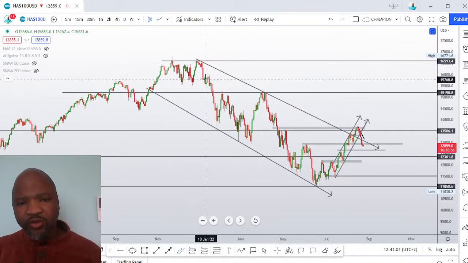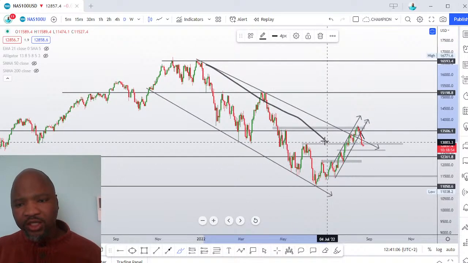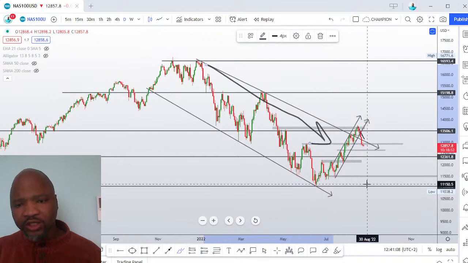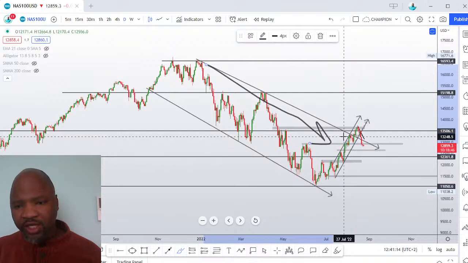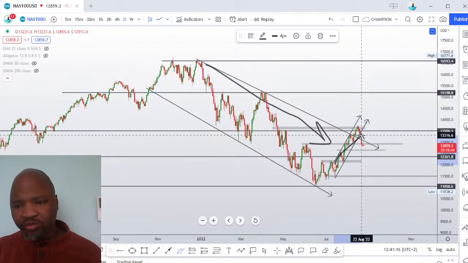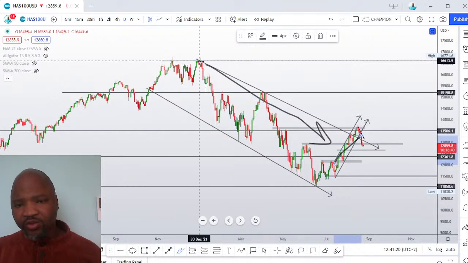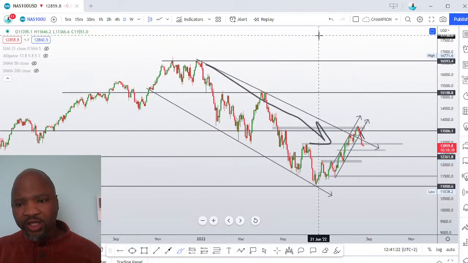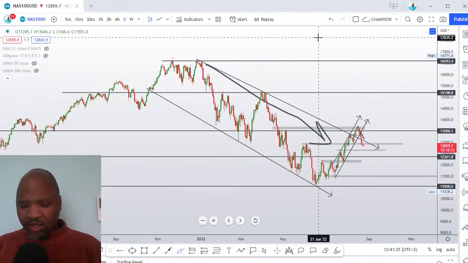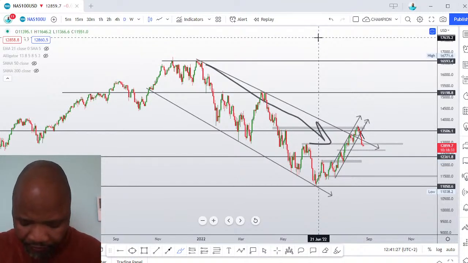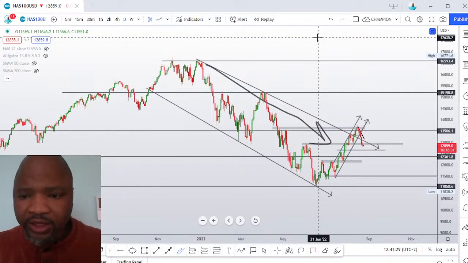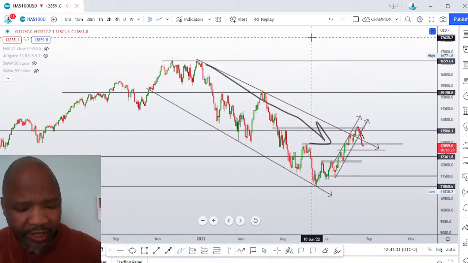So, ladies and gentlemen, you can see that we've been having a bearish trend for the past few months since the beginning of the year, and our price was having a pullback, but eventually we ended up breaking out of this trend.